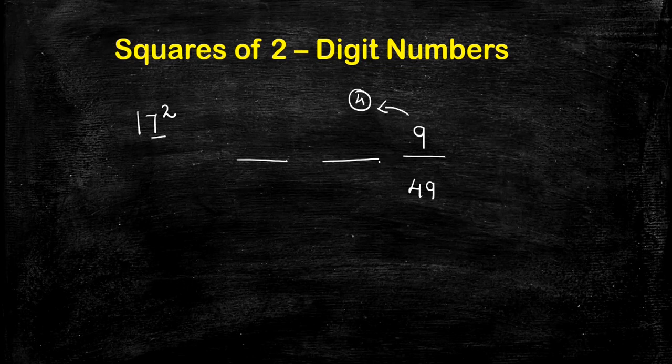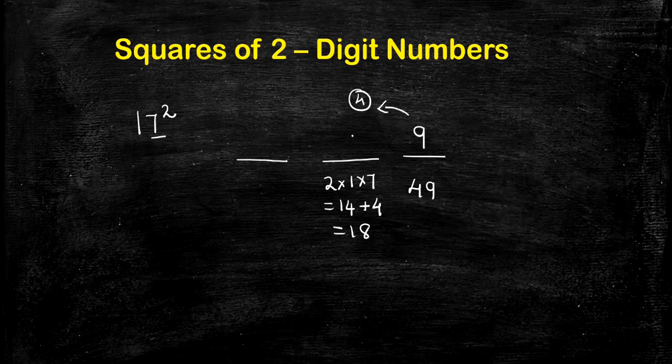Now the middle part would be 2 times the product of the two given numbers. 2 into 7, which is 14, and now I have to add this carryover. So the number we get is 18.